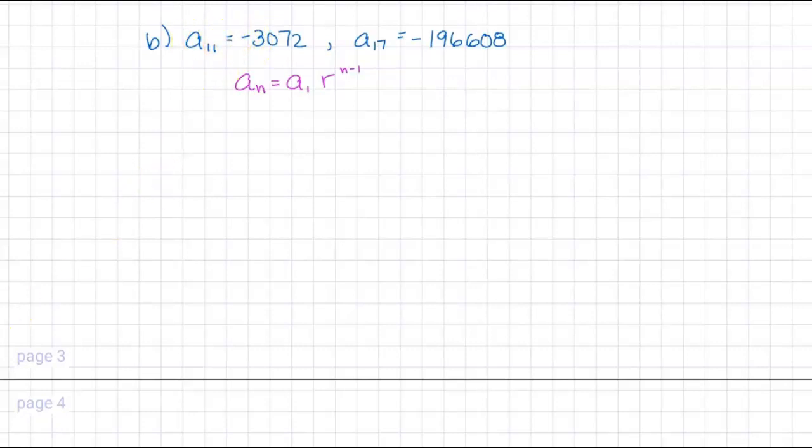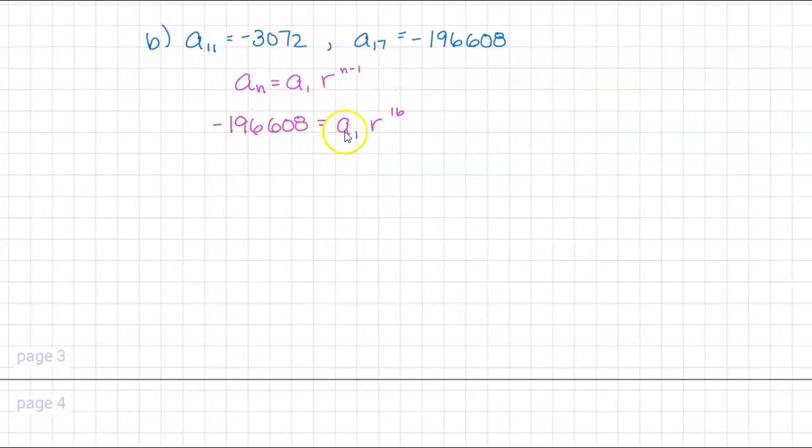And I'm going to do the same kind of thing for this. So my first equation: negative 196,608 equals a sub 1 times r to the, and it's the 17th term, and 17 minus 1 is 16. So I can't fill in for a sub 1 or r because I don't know those yet.